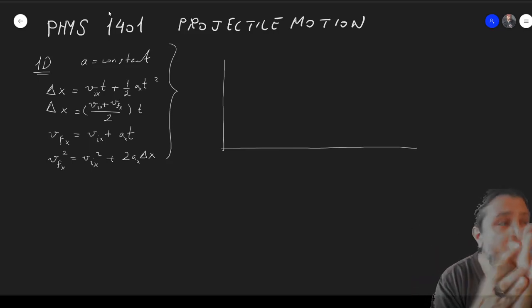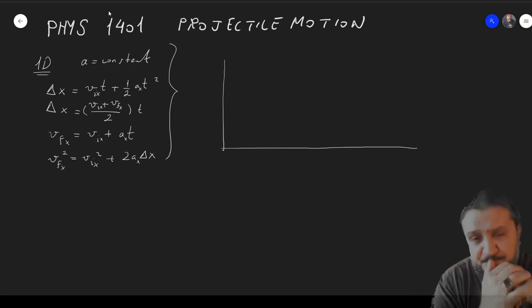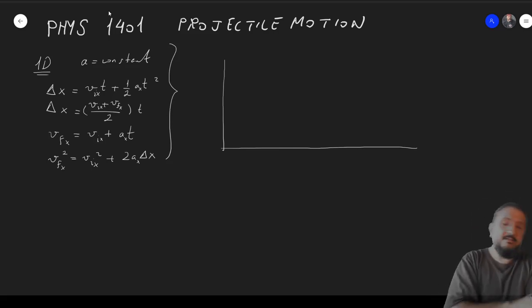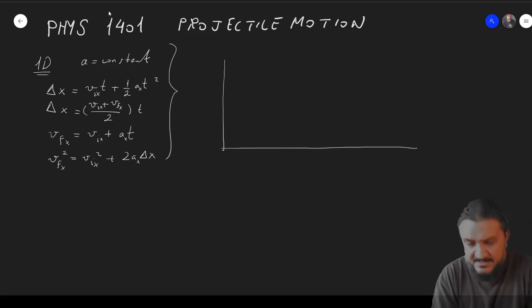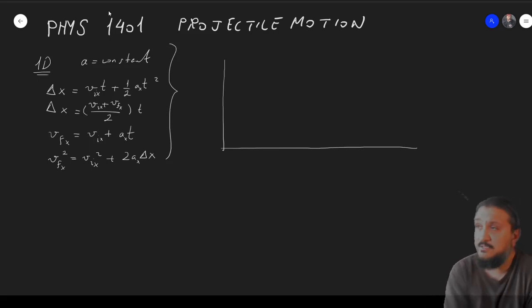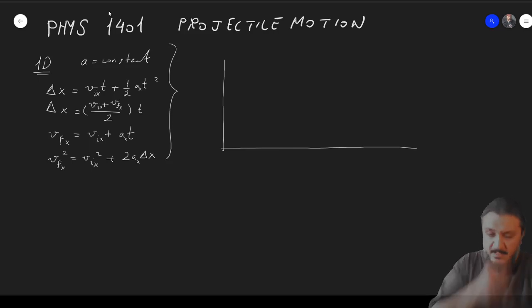We usually ignore air resistance, which is a form of friction. So the only force acting on the object is gravity. Okay, so it's sort of a free fall, really. I mean, free fall means the same thing. Free fall is when you move under the influence of gravity only.